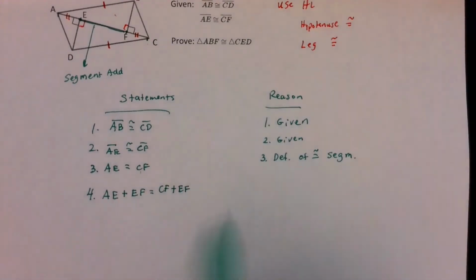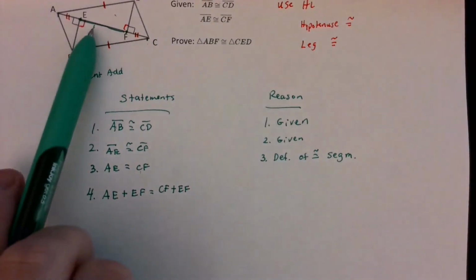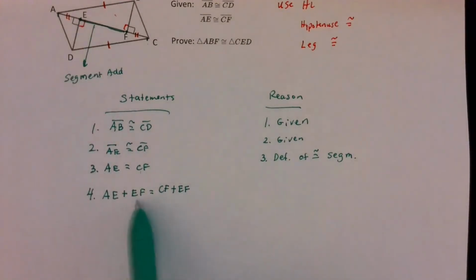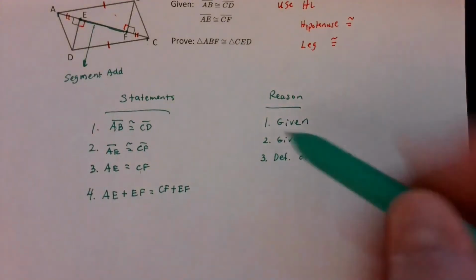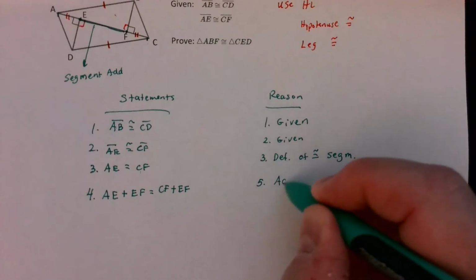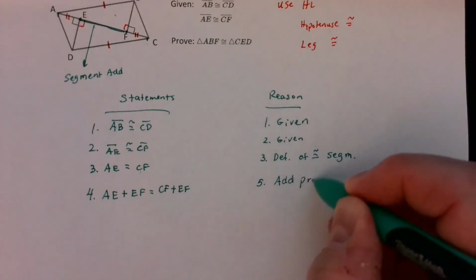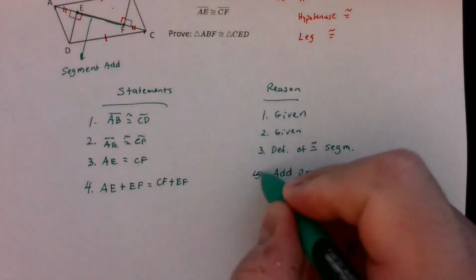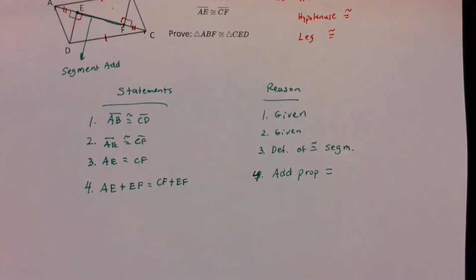So basically what I did was I added this section to both sides. Well, how can I do that? Well, since I've added the same thing to both sides, that's by the addition property of equality. So I can add the same number to both sides. Oh, that's a 4 right there, Mr. Rowe. Okay, so we got our first 4 steps.